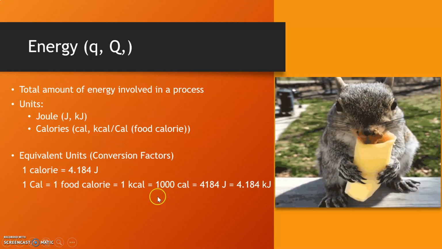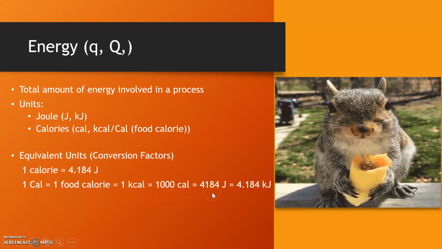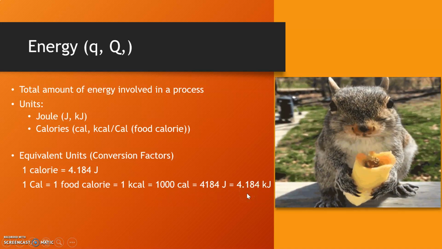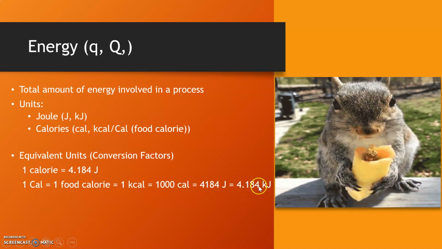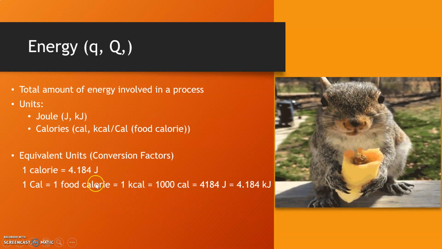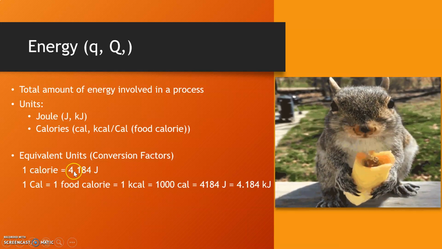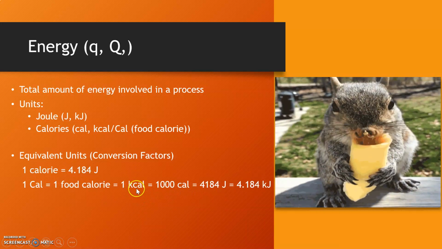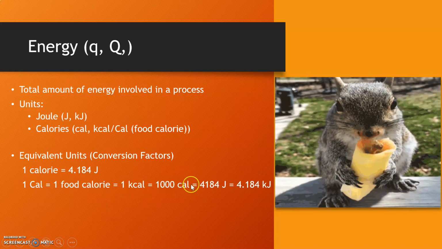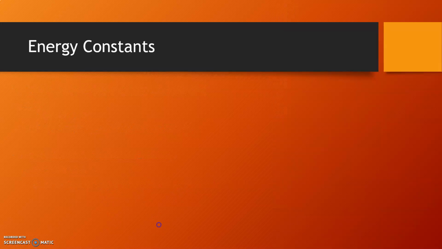That's equal to 1,000 little calories, or 4,184 joules, or 4.184 kilojoules. So kilojoules, kilocalories, 1 to 4.184, calories to joules, 4.184. So same value, same number, it's just a 1,000 difference in value.